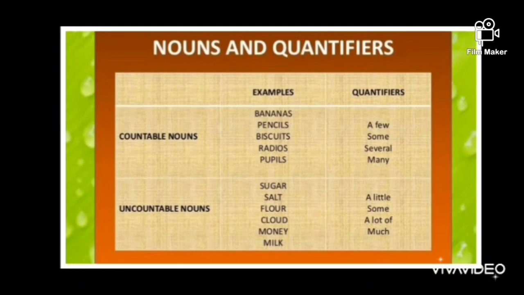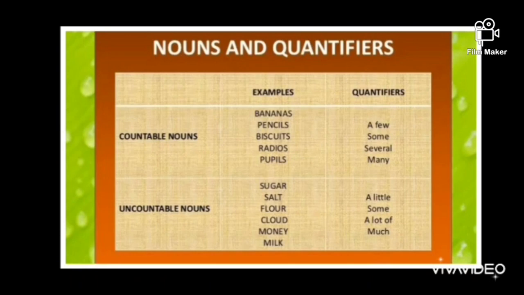Nouns and quantifiers. What is a quantifier? A quantifier is a word or phrase which is used before a noun to indicate the amount or quantity.